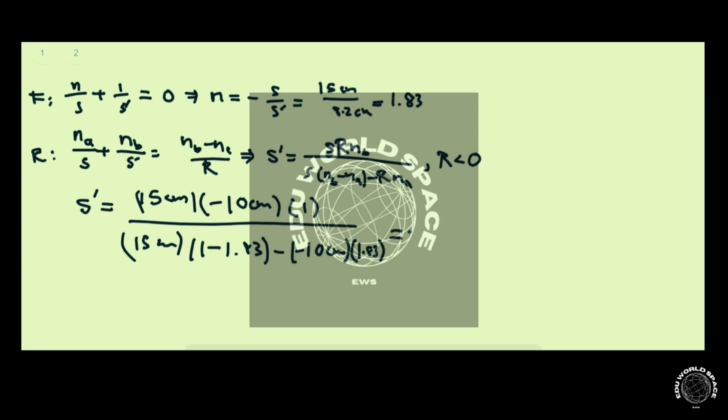And that gives me negative 25.6 centimeters. So that is the apparent depth of the object when you're viewing the object from the vertex, from the curved side. So this is the distance from the vertex to the image.